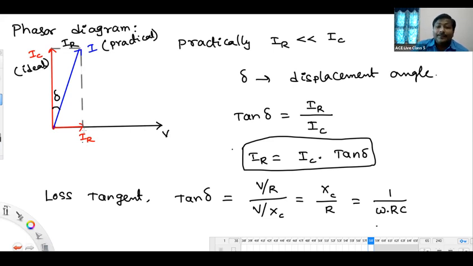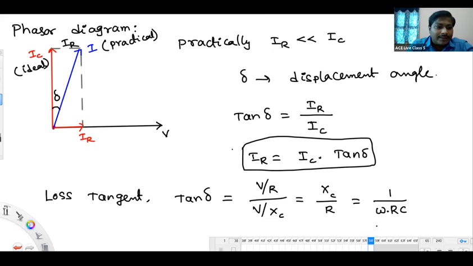Okay, fine. If power loss is increasing in the dielectric material, meaning IR is increasing, then the resultant current I will fall down and delta will increase. So with the increment in loss, current IR is increasing and delta is also increasing.